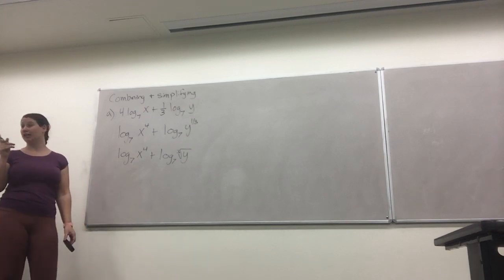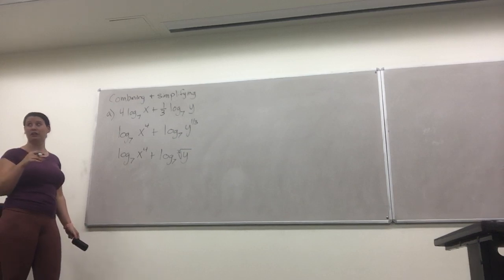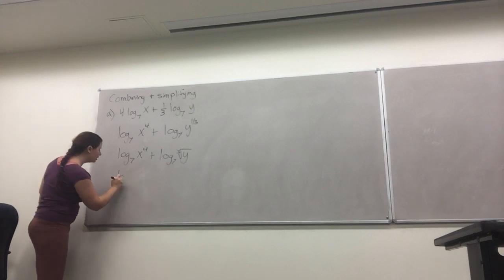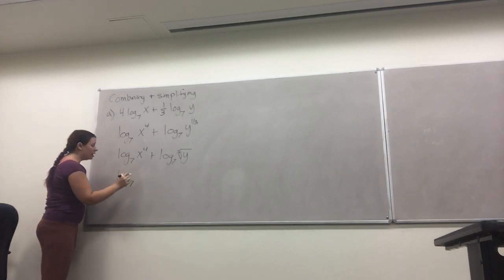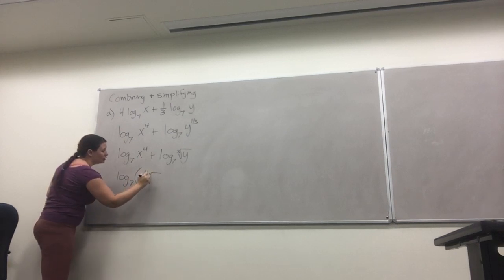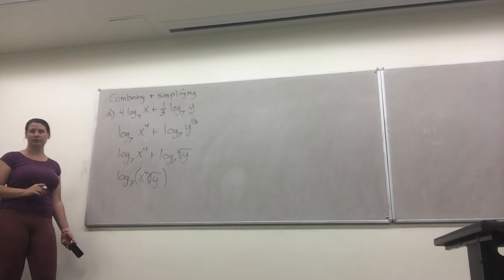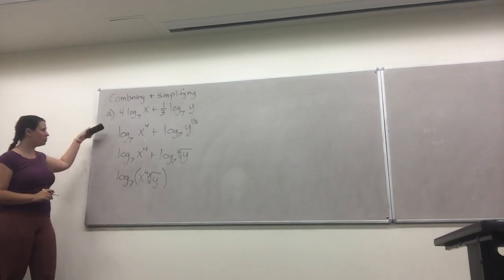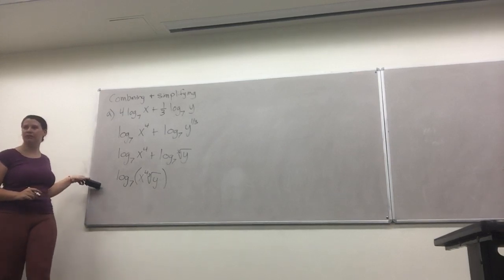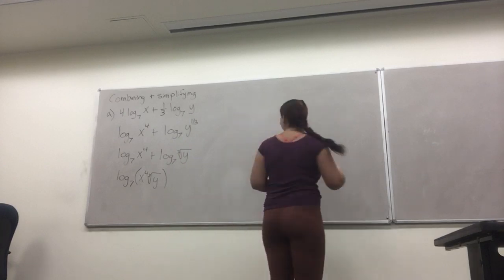We multiply what? The whole thing or the insides? Just the insides. So we get log base 7 of x to the 4th times the cube root of y. Okay? Do we see how that worked? Kind of? Do you remember those rules that we did on Tuesday?